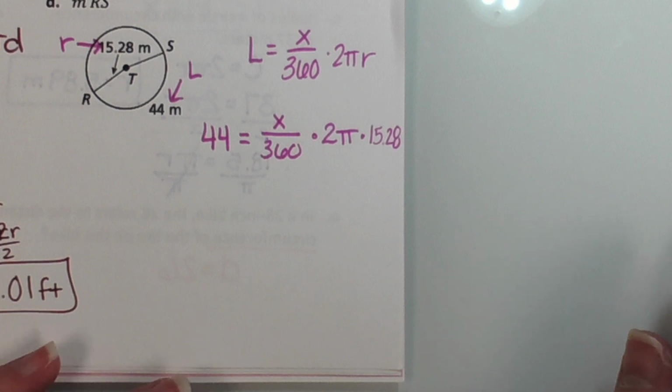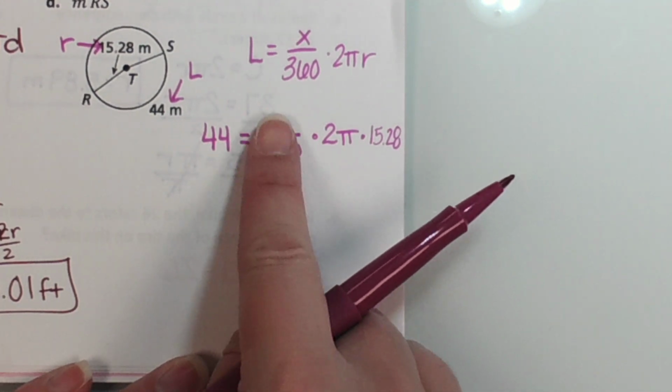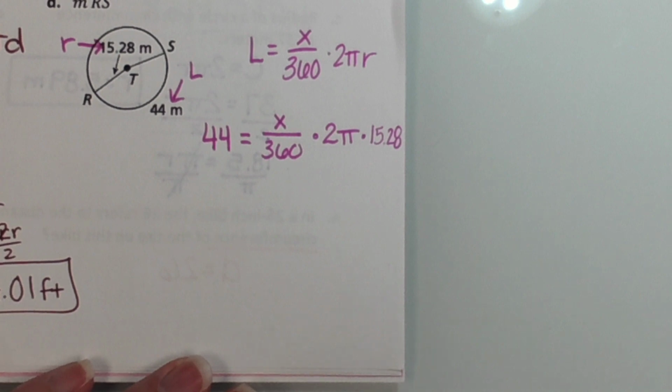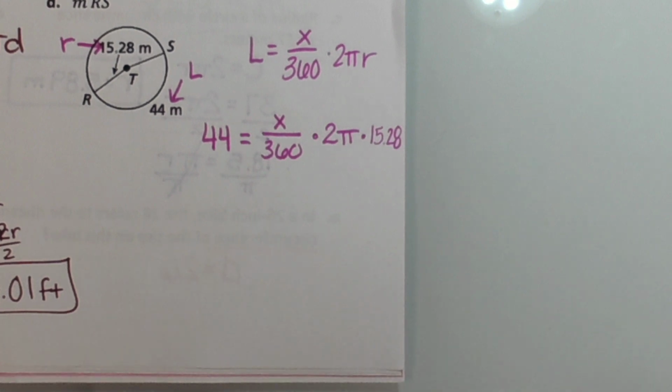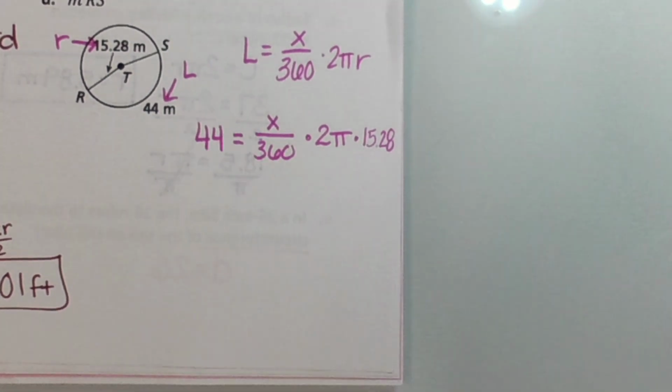What do you want to get rid of first? The fraction? Okay. But here's the thing, I'm not going to multiply by the reciprocal. You multiply by the reciprocal when you're trying to get rid of the entire fraction. Do we want rid of the entire fraction if x is in it? No, and it's on the top where we want it to be. We want variables either on the top of fractions or not in fractions altogether. So the only thing I'm actually getting rid of is the divide by 360.